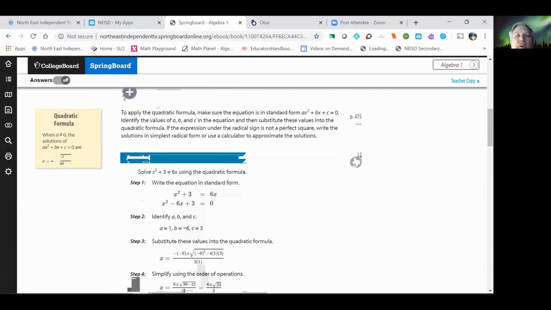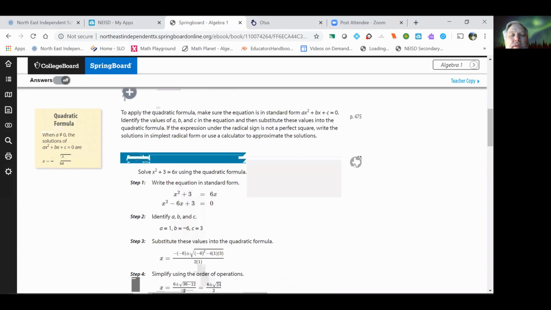All right, so remember we started off with the formula for the standard form of the quadratic function, and then we set it equal to where x was equal to, solved for x, but we still had our a, b, and c in the formula. Well, those are the coefficients in the standard form.